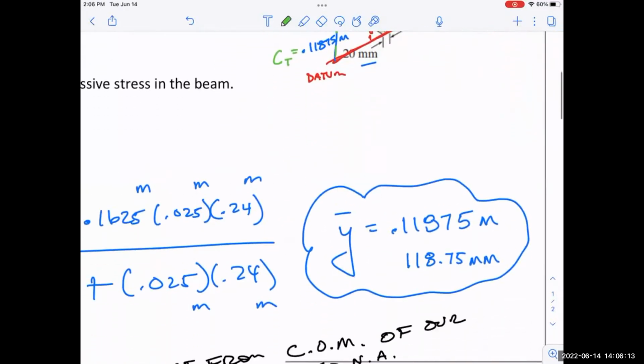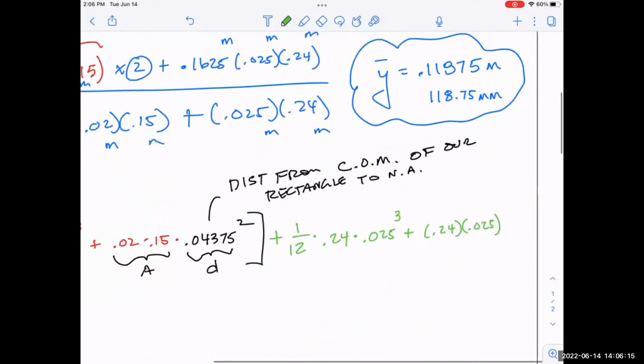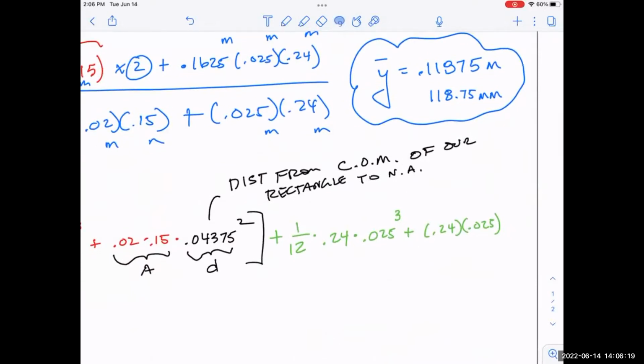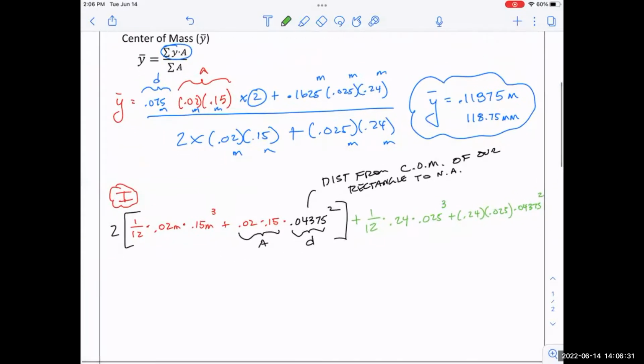And that's totally a coincidence, by the way. And that's squared. So there's my I value.